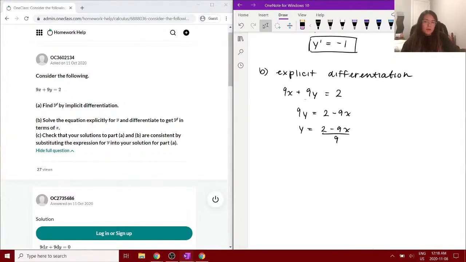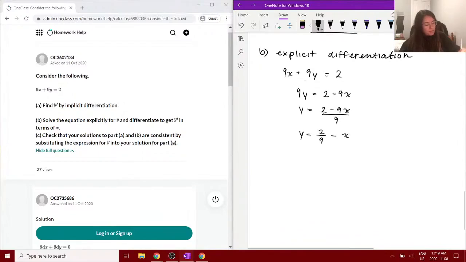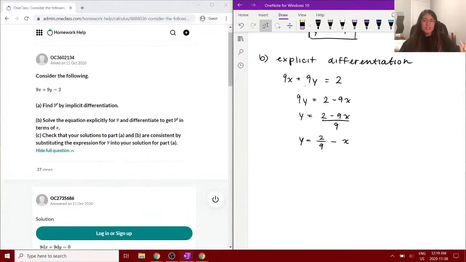Now I'm just going to simplify this a little bit more. We're going to split this fraction into two different terms. So 2 divided by 9 minus 9 divided by 9 x, and 9 divided by 9 is just 1, so I'm just going to write minus x. Now it's a little bit easier, and we're going to take the derivative of this.